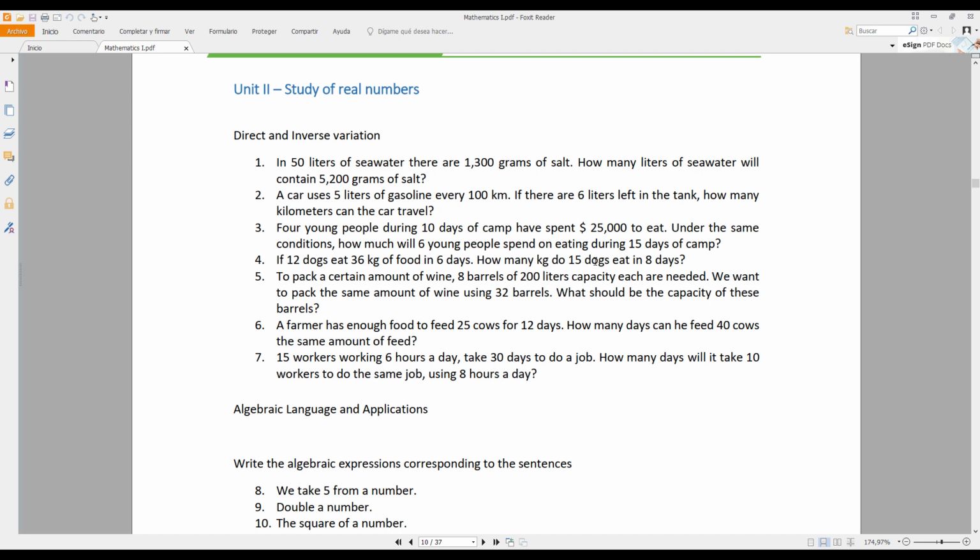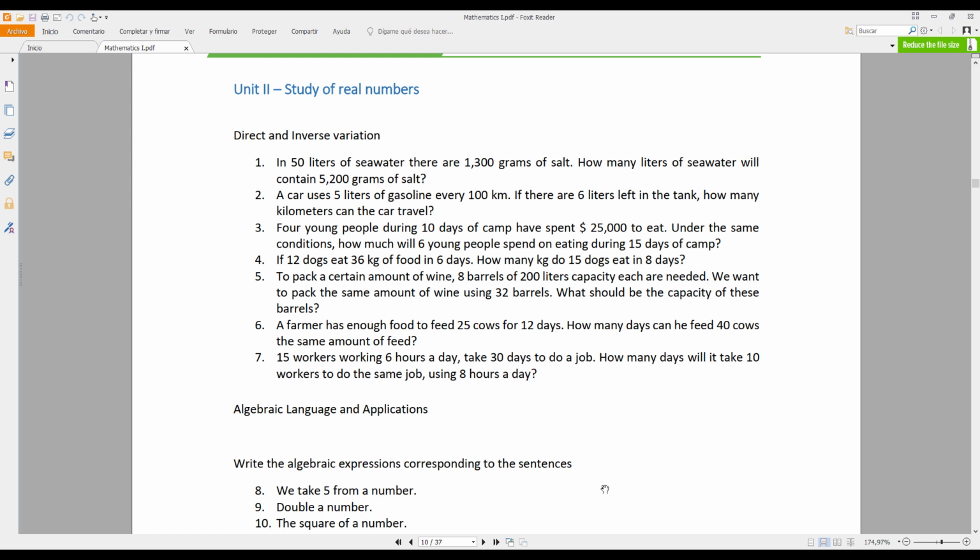If you increase the number of dogs, it means that the kilograms to feed those dogs will increase. Now, if you increase the number of days, again the food increases. So it's a direct variation here.